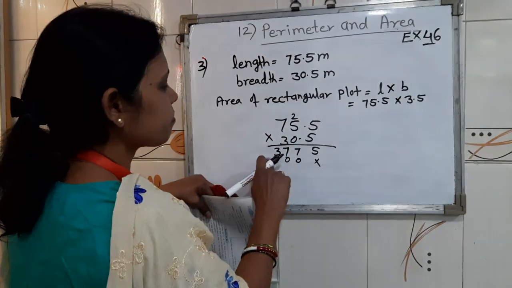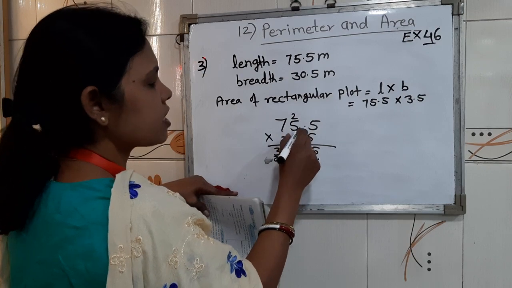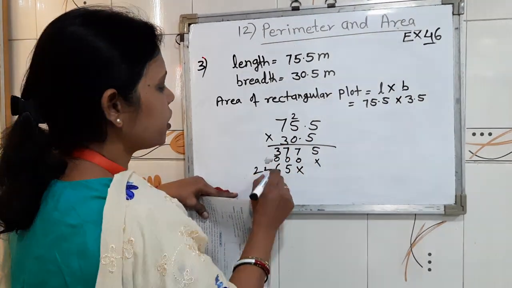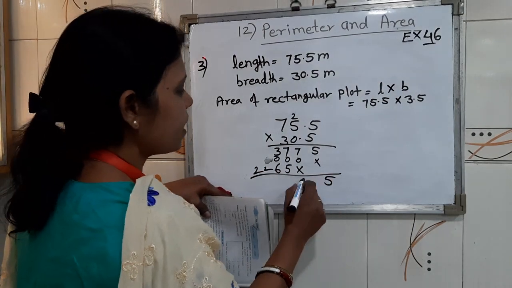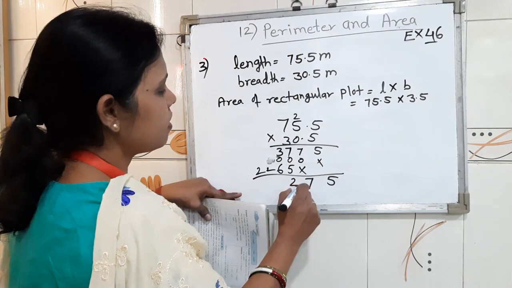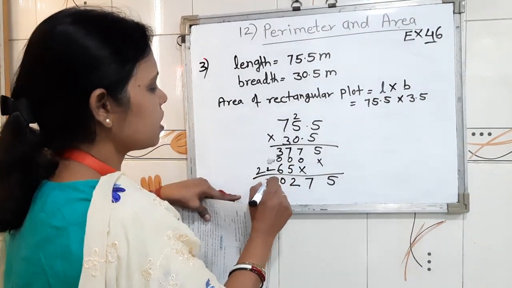Next one, 3 5s are 15. 3 5s are 15, 1, 16. 3 7s are 21, 22. Now after adding 7 plus 5, 12, 6 plus 3, 9, 9, 1, 10, 3, 2.